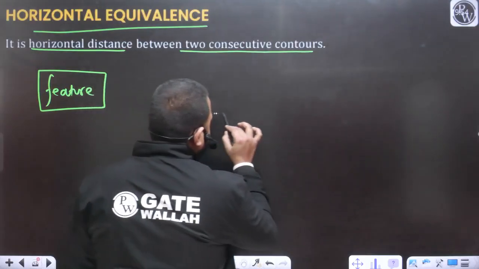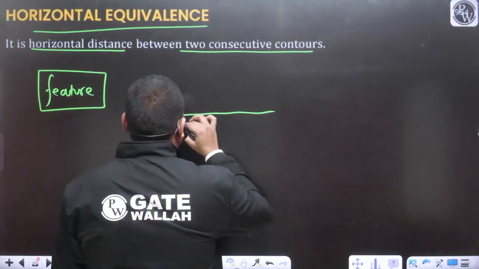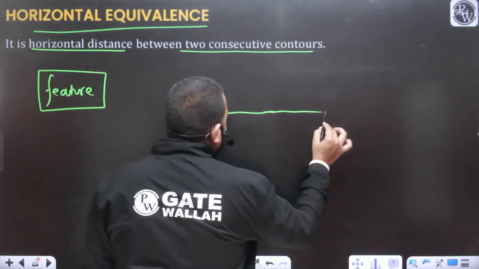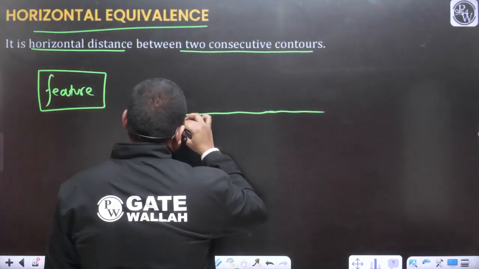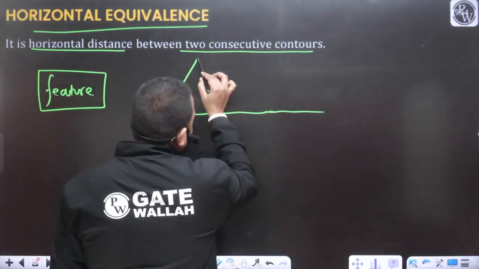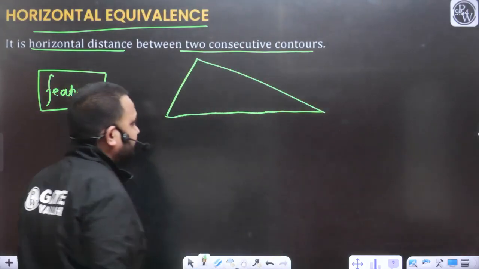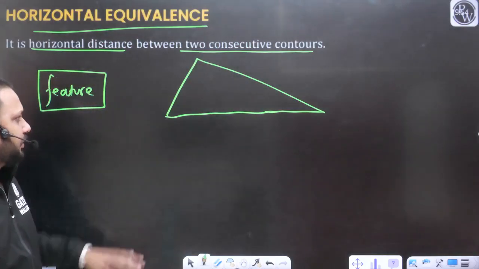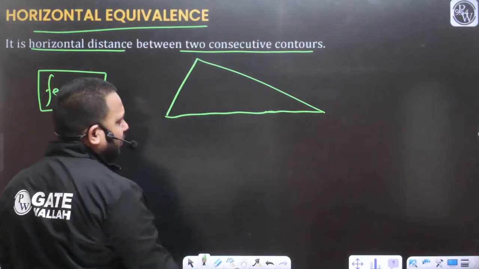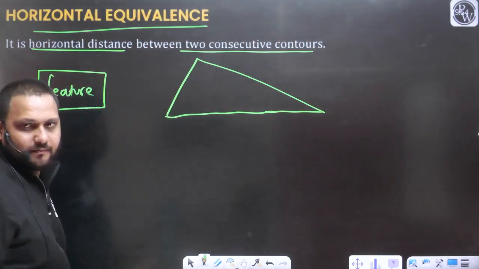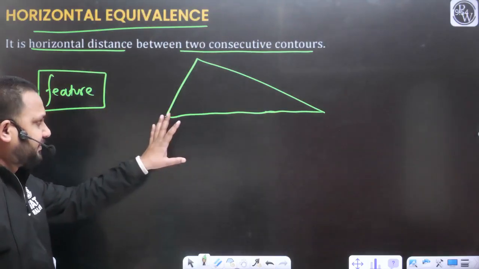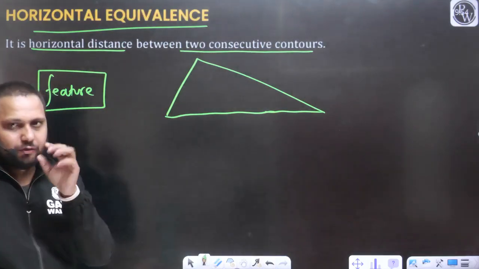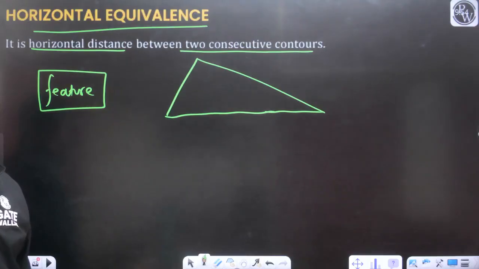For example, this is your ground, and we have some object or some feature like this. We can have, yes or no? Now for this feature, for this object, I want to prepare the contour map.